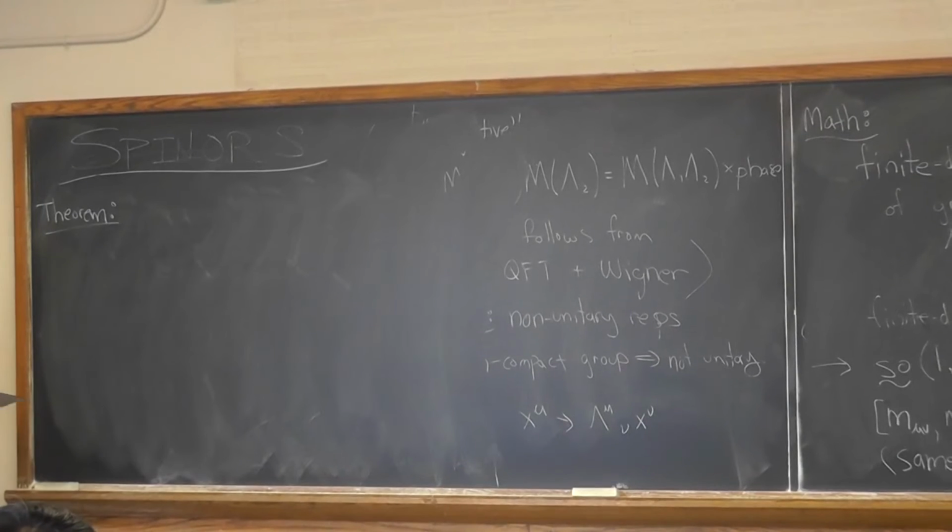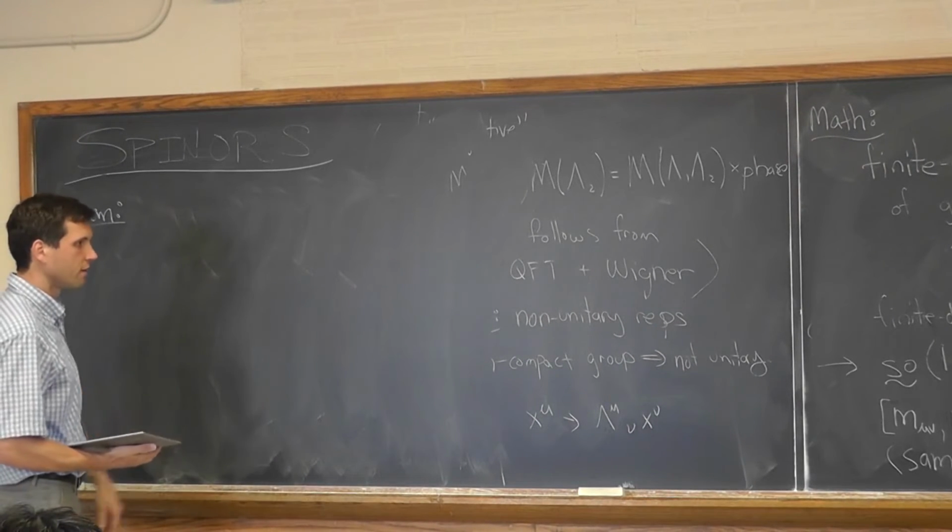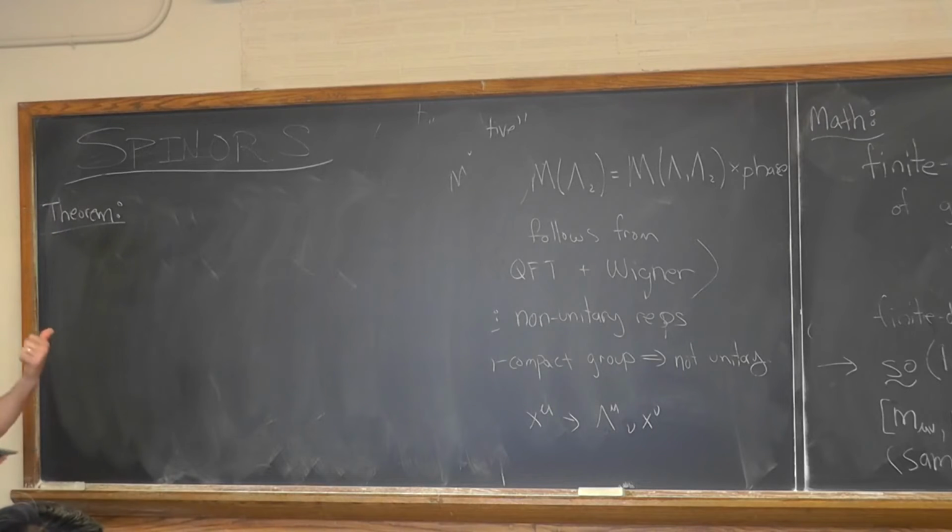So now I'm going to state 2 math theorems that clarify the relationship between algebras and groups and the representations. I just want to state them, have them on the board. You can look back at them when you get confused about all this stuff.